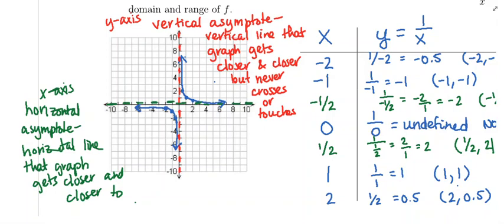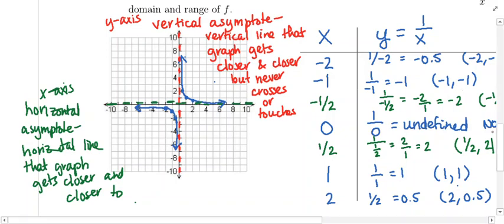You absolutely cannot cross or touch a vertical one. Okay, but we'll talk more about that in a little bit. So the point is, we're going to look at various graphs of rational functions, and you're going to see horizontal and vertical asymptotes in their graphs. Okay, so even the most basic of rational functions has these.